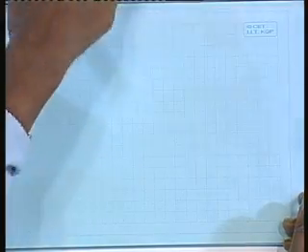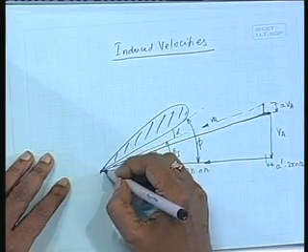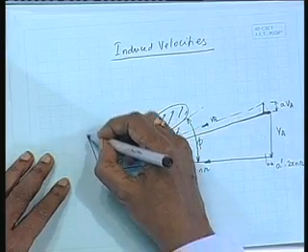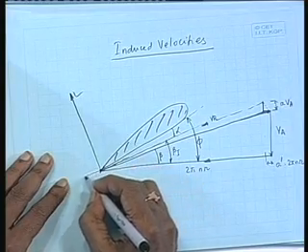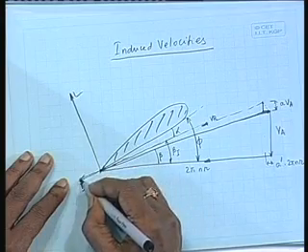Now, thrust and torque of course are the same. I am not drawing the thrust and torque or lift and drag. Lift now will be perpendicular to this. This is my velocity line, so lift will be perpendicular to this. This is lift, and the drag will be along this new VR line.